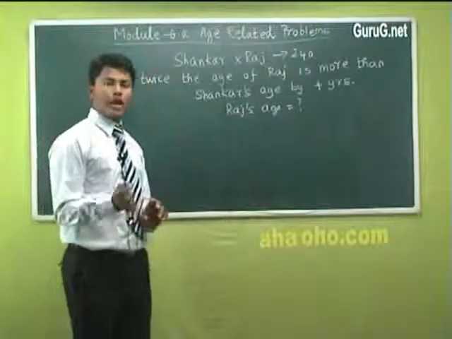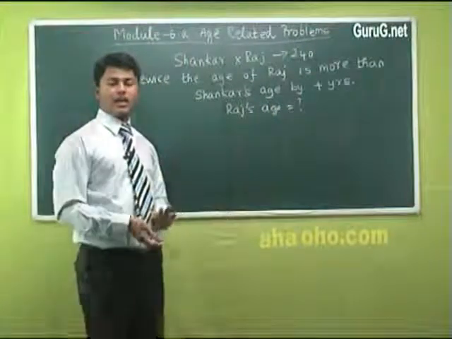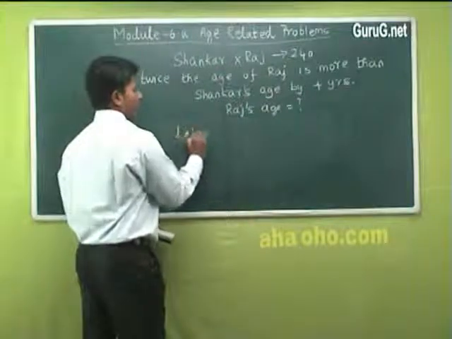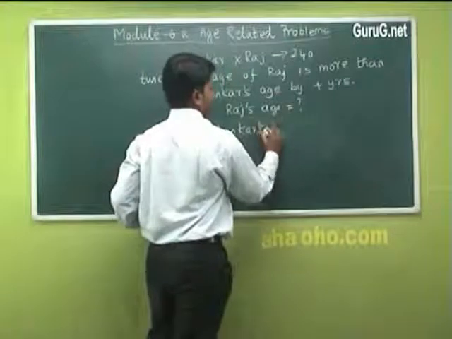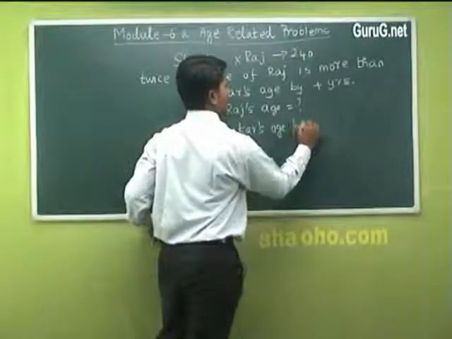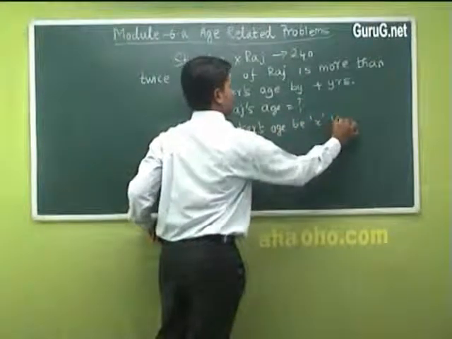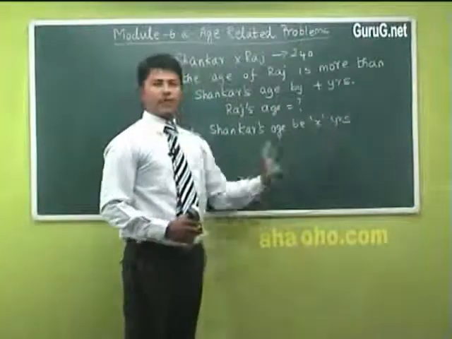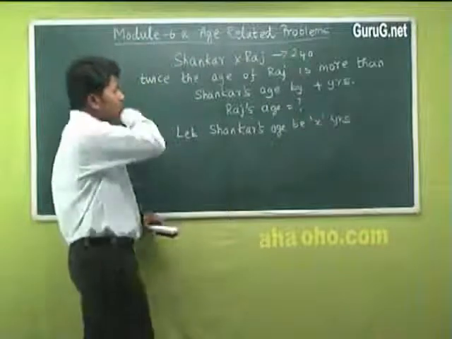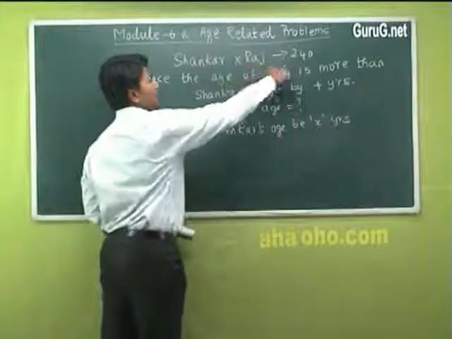We don't know the ages of Shankar and Raj clearly. Let us keep the unknown variable. Let Shankar's age be x years. Now the product of the ages of Shankar and Raj is 240.